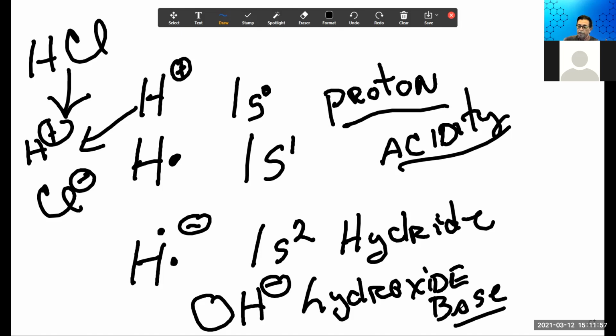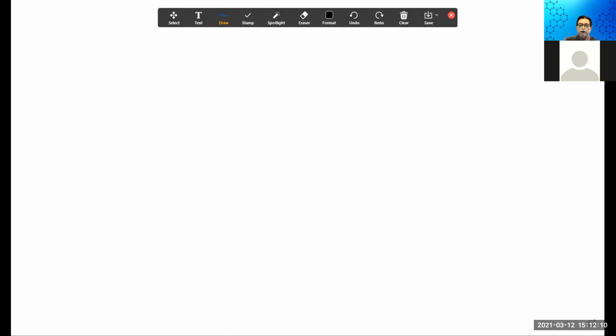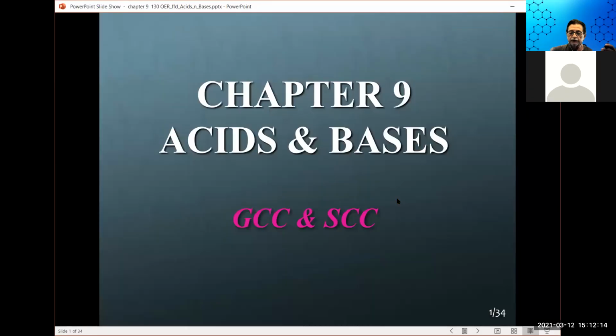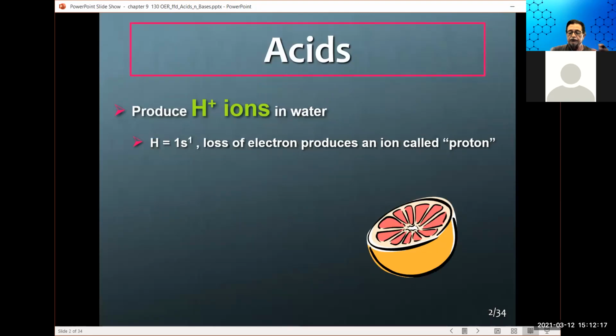Sodium bicarb is another base that eventually breaks down to give carbon dioxide and water, but is a base. Okay, and let me clear all this up. So that is the uniqueness of an acid, the hydrogen. Any compound that produces a proton is an acid.